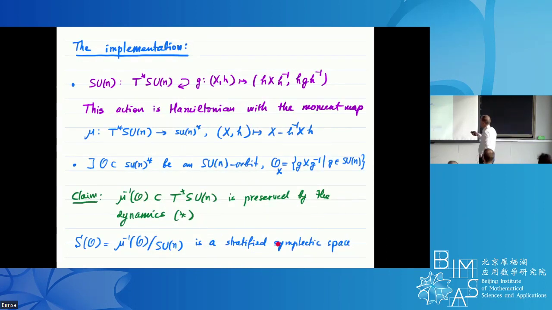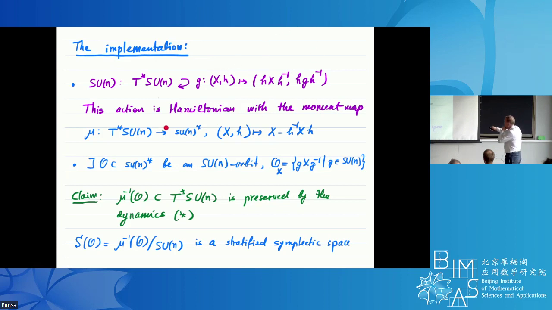Okay, so here's the implementation of this idea in our SU(N) case. Let's consider the action by conjugation of SU(N) on itself, and let's lift it to the natural action on the cotangent bundle. In our case, after the trivialization, we have su(N) dual tensor su(N) cross SU(N).